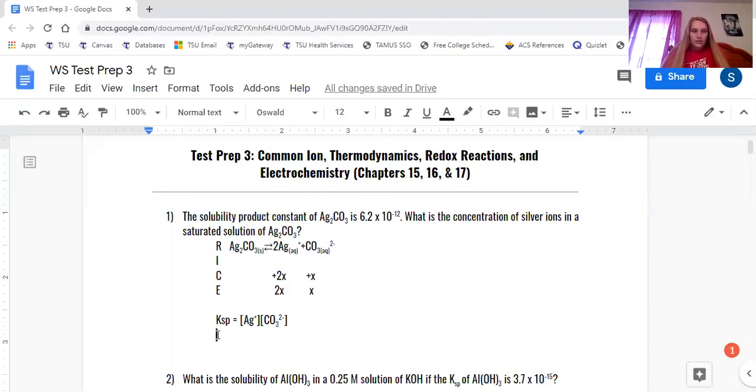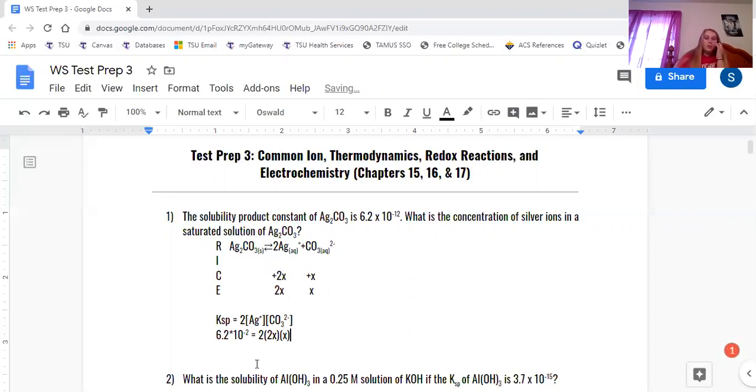Oh, you are right, I did leave out the 2 for this. Good catch. So it's going to be 6.2 times 10 to the negative 12th power, and that's going to be equal to 2 times Ag plus, so 2x, times this over here, multiplied by x.